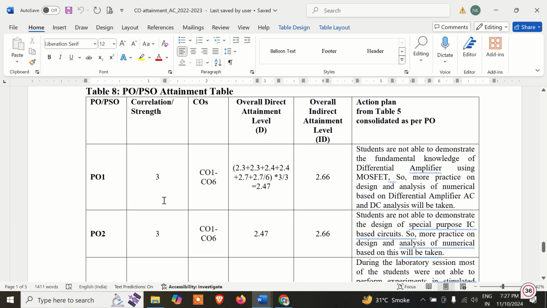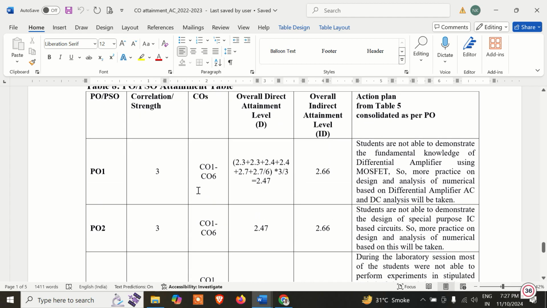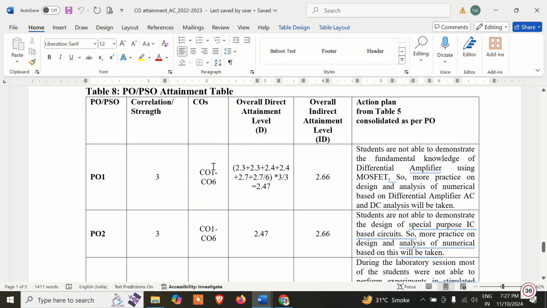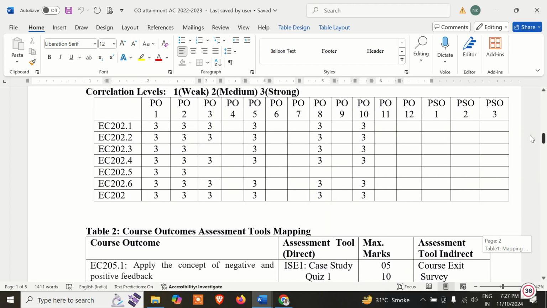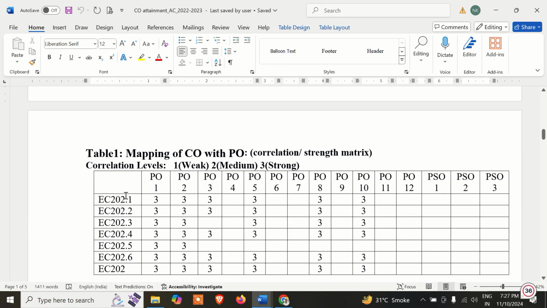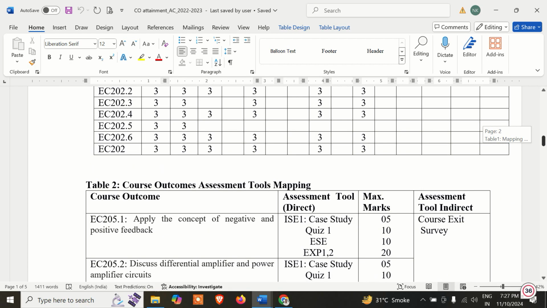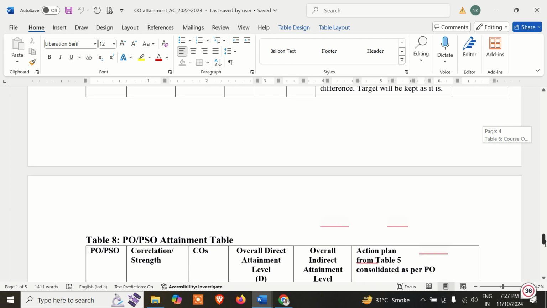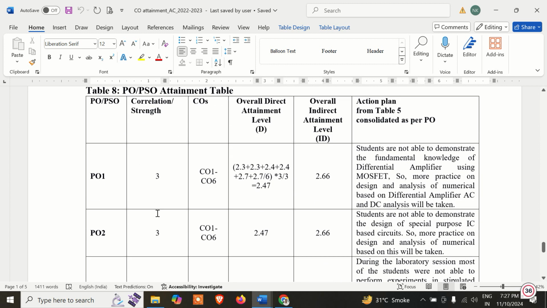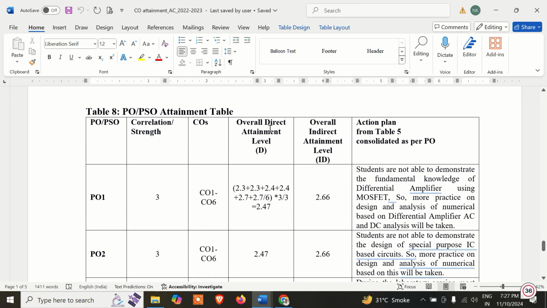Finally, all these COs are contributing to my POs, which we already mentioned in the mapping in the beginning, the first table, right? All my COs, how they are contributing to my POs, particularly which COs are contributing to which POs. Now since you have the weightage through direct attainment, for CO1 to CO6, if you find the overall attainment level by averaging, it comes out to be 2.47.